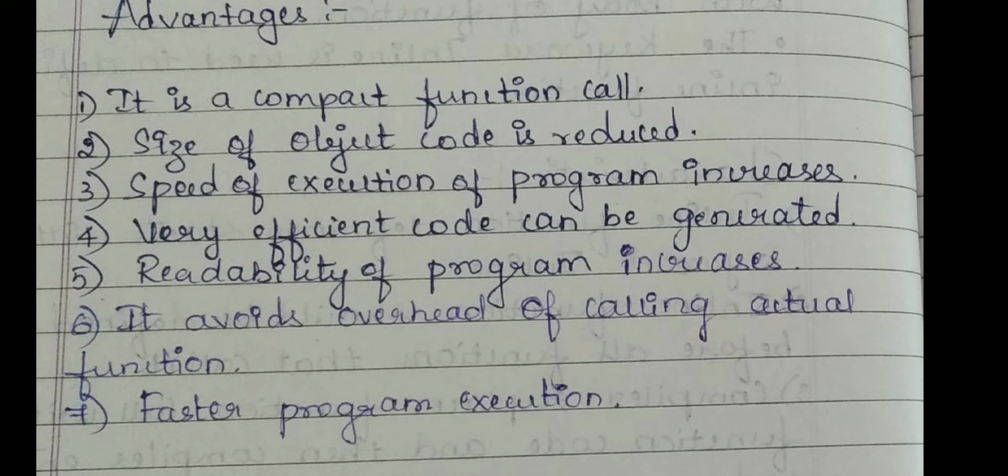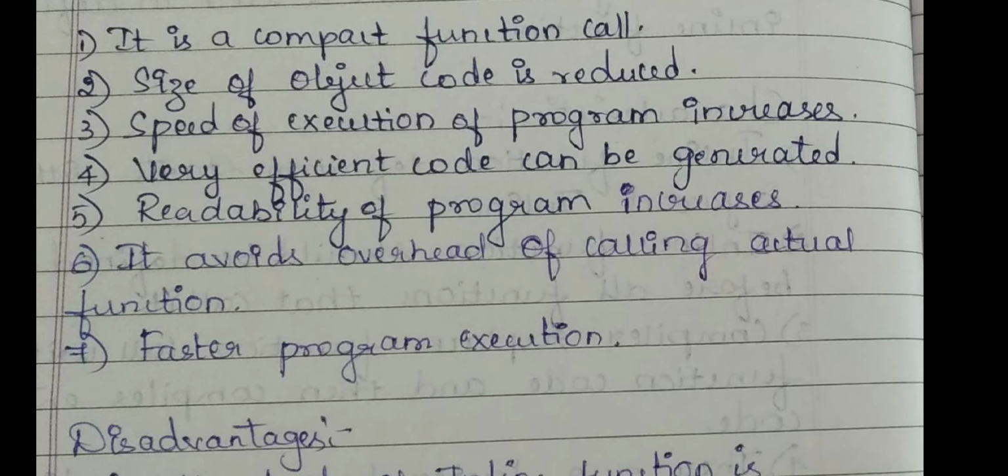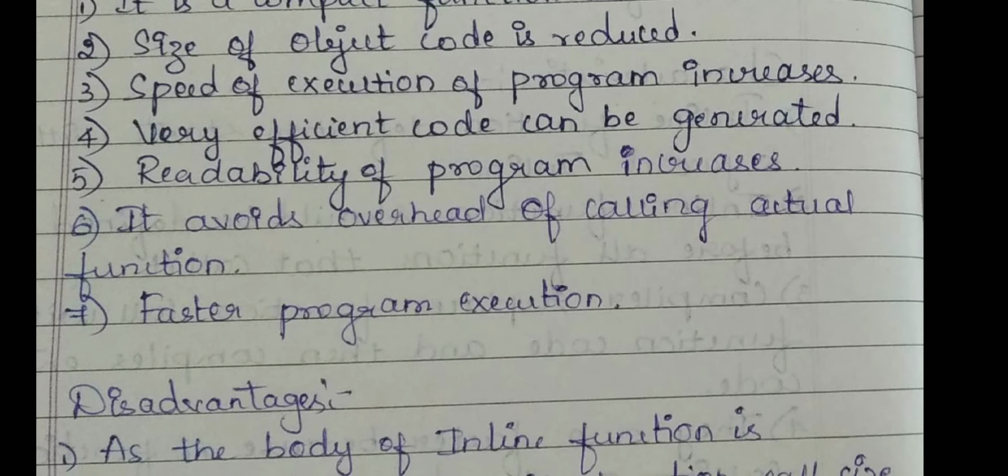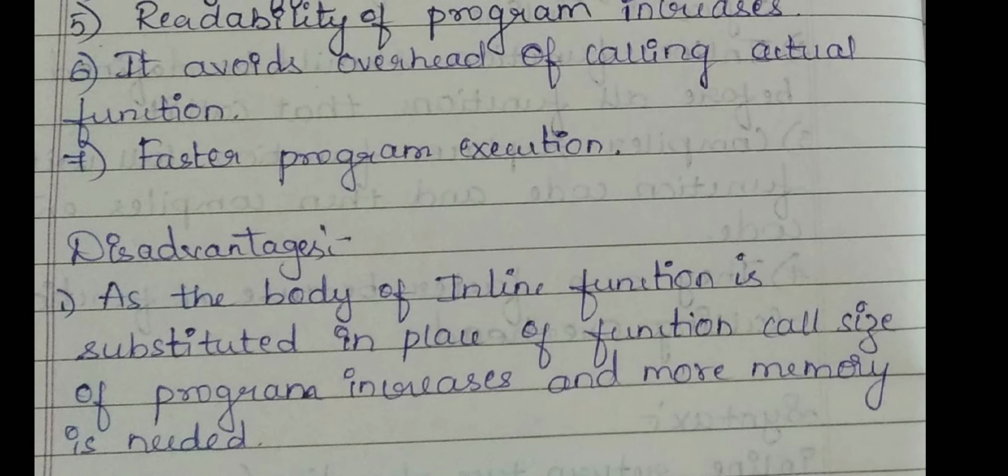If less size, third point you see, execution is very quick. If less code is there, we can generate very good code. Readability means understanding of the program. In the fifth point, if less code is there, we can easily understand the program. And the sixth point, I already repeated it. Seventh one, fast execution.